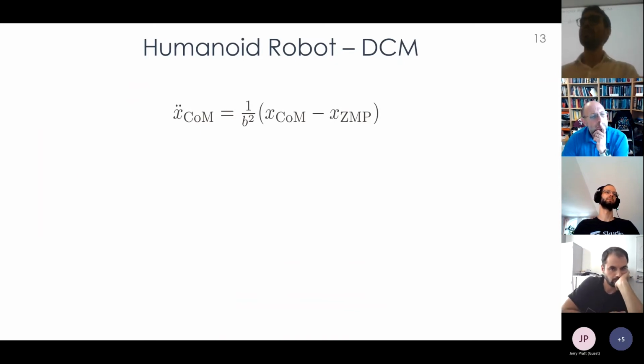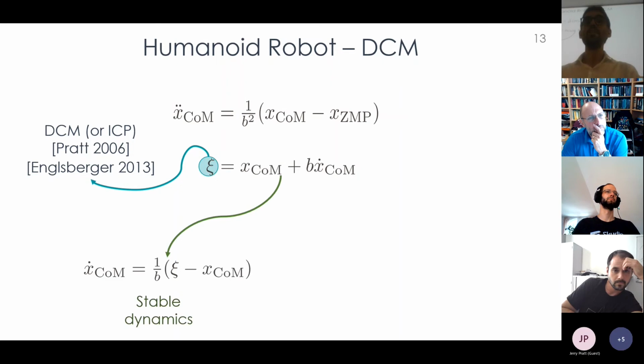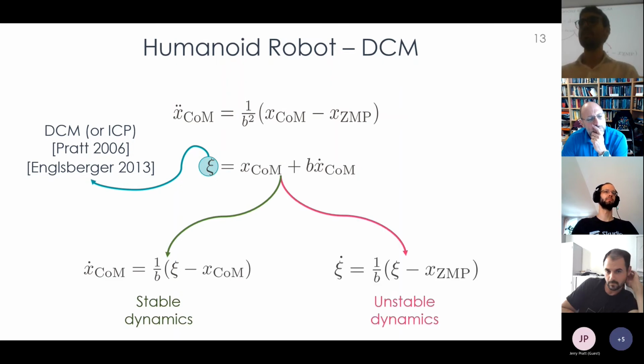So one of the ideas is to perform a sort of decomposition thanks to the definition of the DCM that has been proposed back in time by Jerry Pratt and Johannes Englsberger. Thanks to this new quantity, it's possible to split the linear inverted pendulum dynamics in two parts. The first part is the so-called stable dynamics, and the other part is the unstable dynamics.